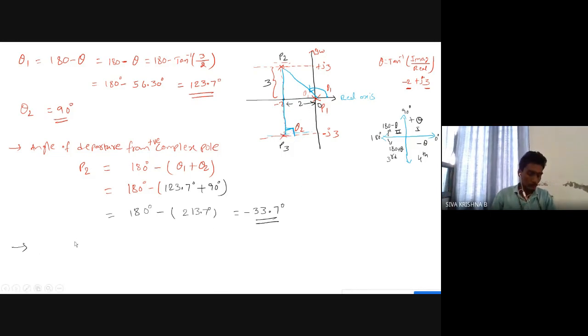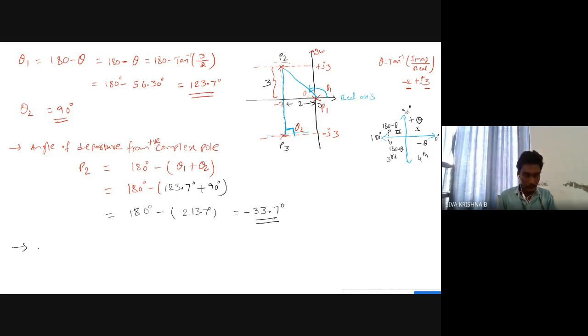If you want to note down a point there, there is no need of this actually, but you have to find up to here only. This is the main term. This is positive for the positive complex pole only.